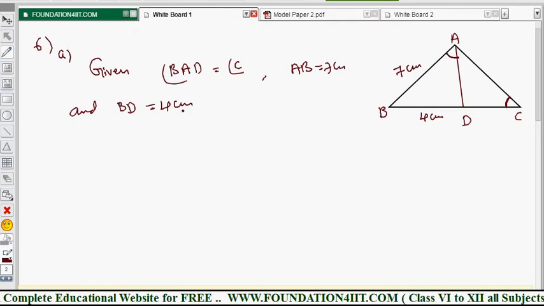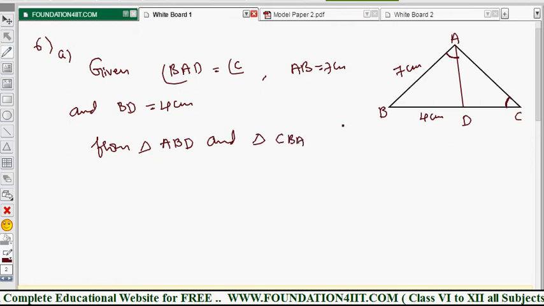Now let us see the similarity between triangle ABD and triangle CBA.